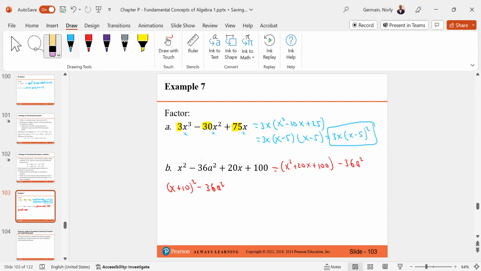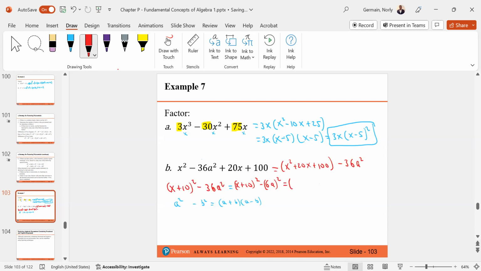Now we go back to something we know: a squared minus b squared gives you a plus b times a minus b. What I mean by that is I can rewrite this one as x plus 10 to the power 2 minus 6a to the power 2, which gives me 36.